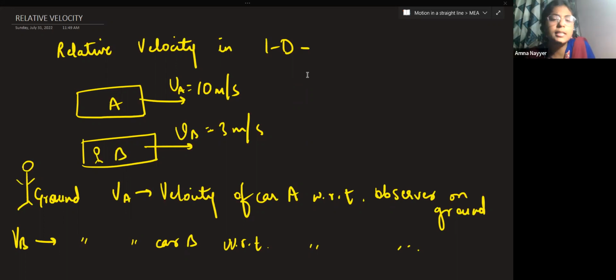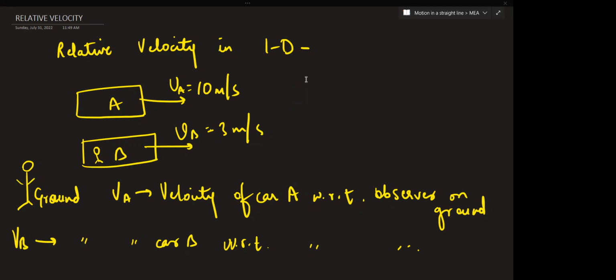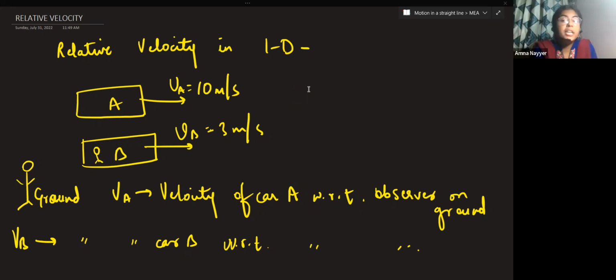Yes, variation will be there. Why? Because now you are not static, you are also moving. So the velocity with which you observe while sitting in that car, we call the relative velocity. Now, how to calculate relative velocity?